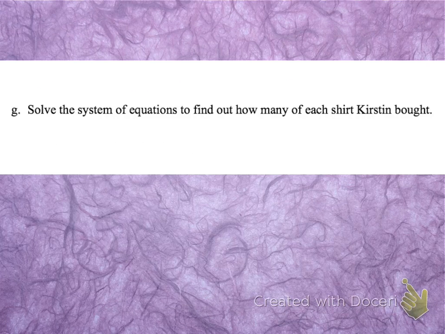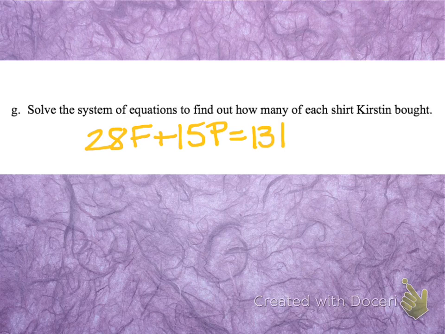So, if you have 28F plus 15P equals 131, and then you have F plus P equals 7, all we've got to do is multiply. When we multiply, we're going to need to multiply by something that's negative. I would choose to multiply on the bottom simply because it's going to be easier to multiply by.